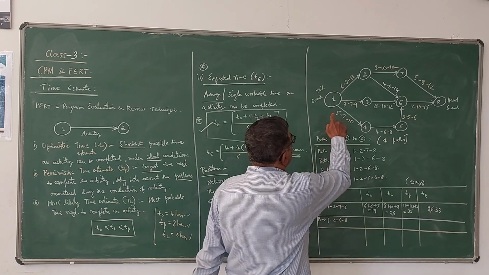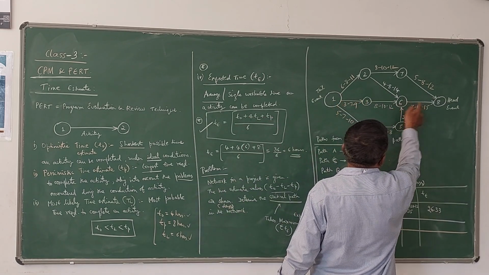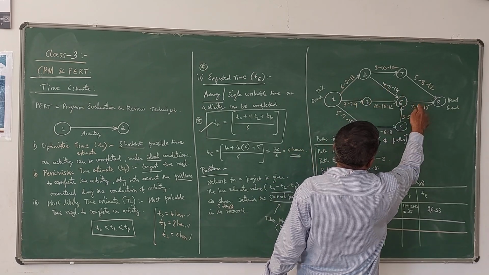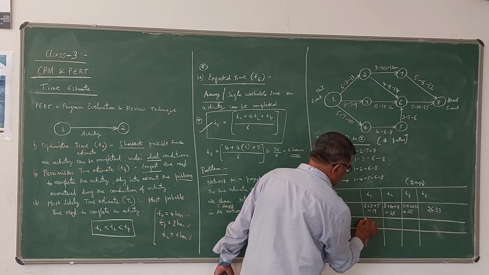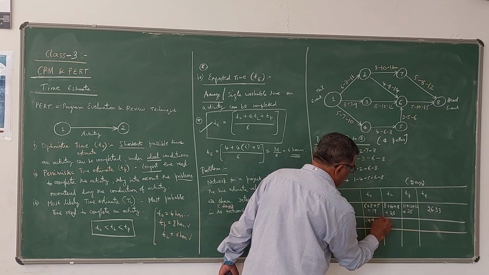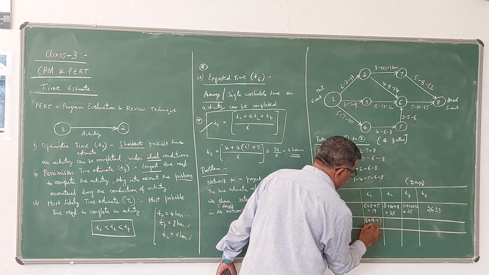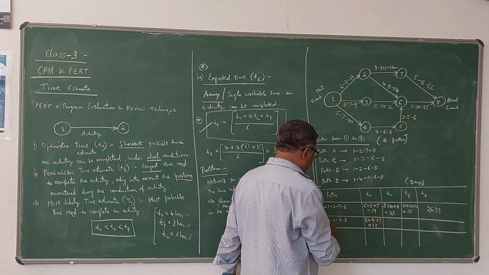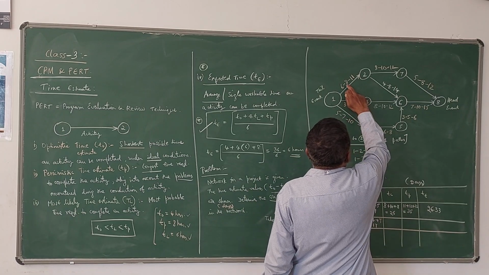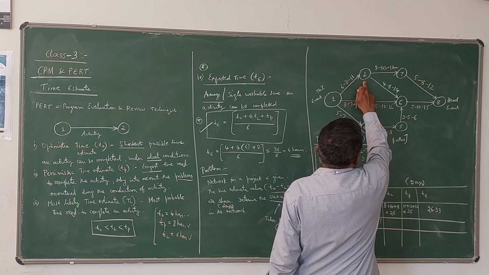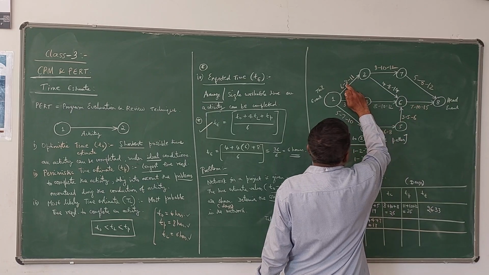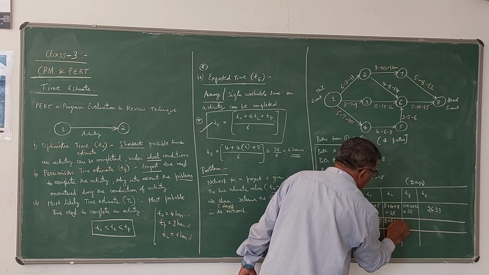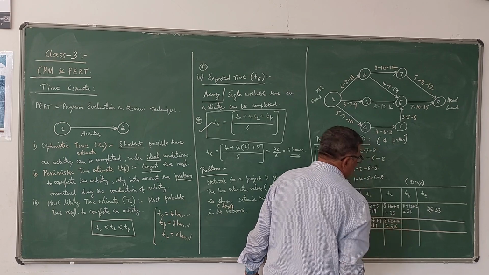So T naught for path B: here also we take the first values, 6 plus 4 plus 7, which comes out to be 17 days, the optimistic time for path B. Next, TL is 8 plus 8 plus 10, it is 26 days.